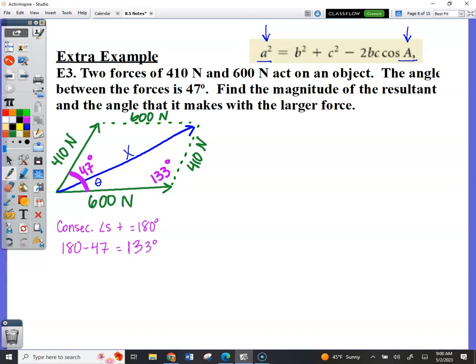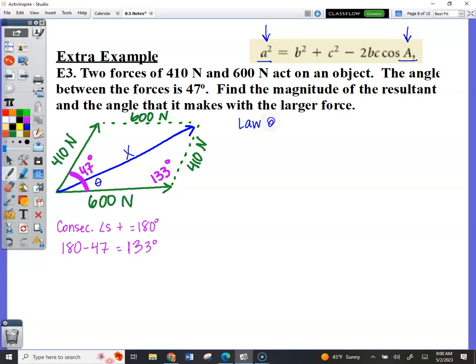So that's what you've got to remember from law of cosines. Right here, that's why I needed the 133, because it's what's opposite of the resultant. Does that make sense?